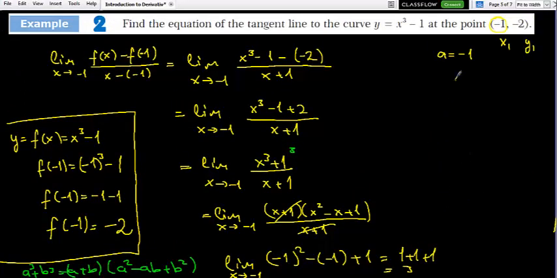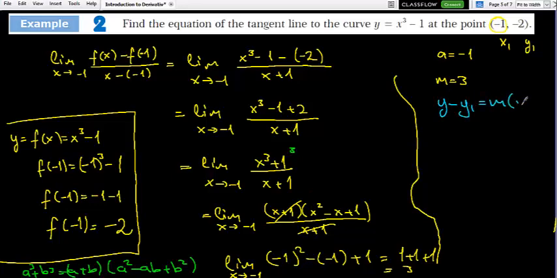Then if m is equal to 3, this is the second part. Now I found the slope, I found the derivative. In the second part, I'm going to use the formula y minus y1 is equal to m times x minus x1, and I know that m is equal to 3.